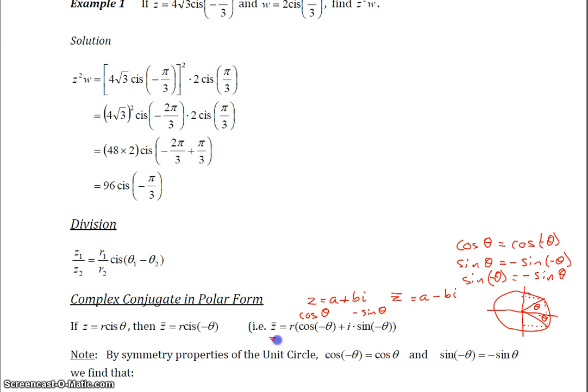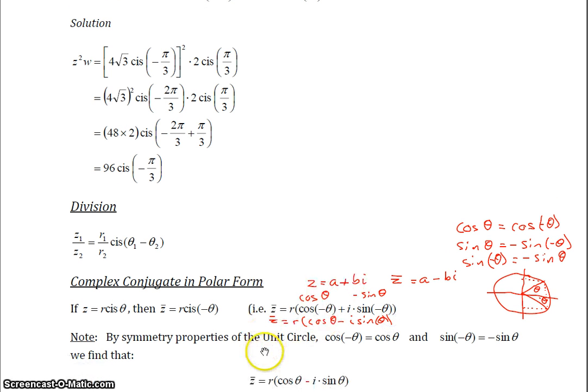So in other words, our complex conjugate could be written as r times cos theta minus i sine of theta. And that's summarized there. The complex conjugate of z is r cos theta minus i sine theta, as opposed to r cos theta plus i sine theta.